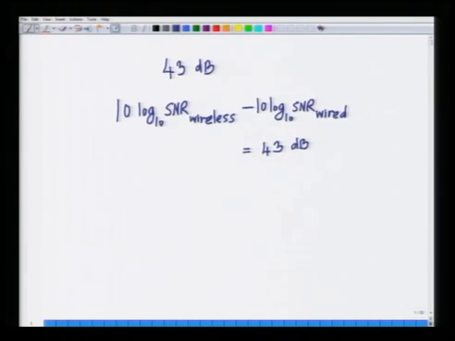This is what we derived in the previous example at bit error rate of 10 power minus 6.